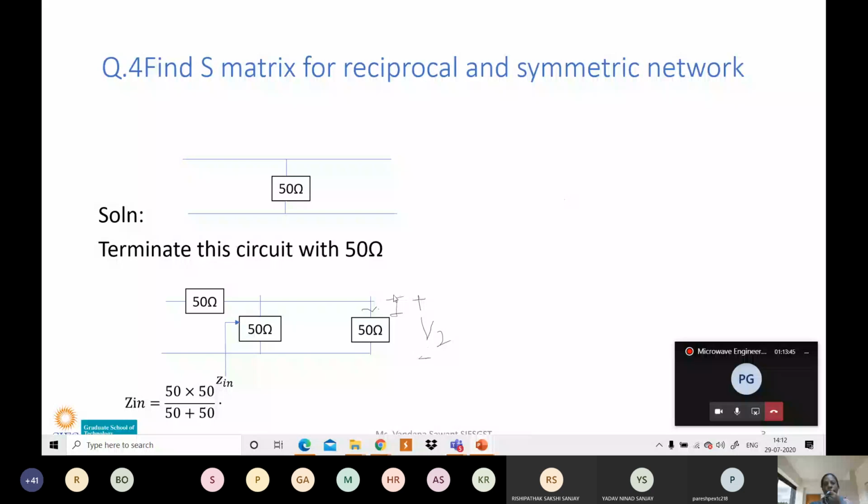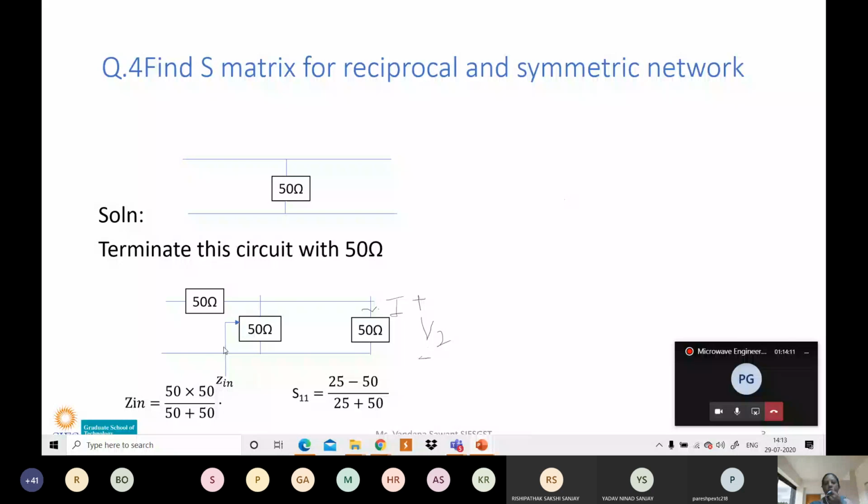Okay. So if you are terminating it with 50 ohm, then our first step is to find out S11 and S22. S11 and S22 can be found by using a formula with Zin. For Zin we have to look from this point inside the network.